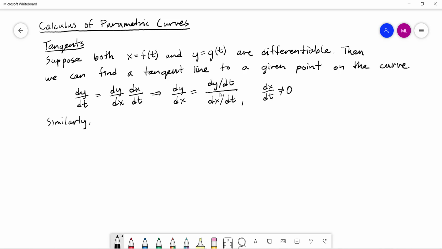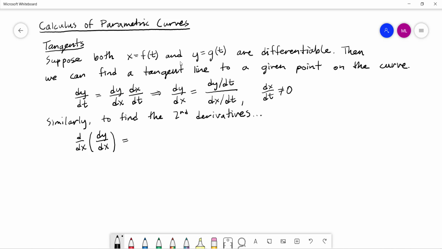So similarly, to find the second derivative, we simply need to find d dx of dy dx. But we already have an expression for dy dx right here, and I just need to rewrite the d dx using the chain rule this exact same way.